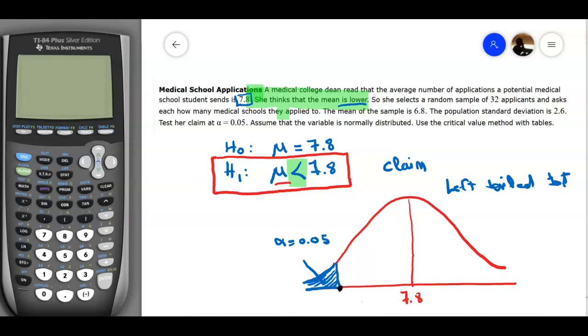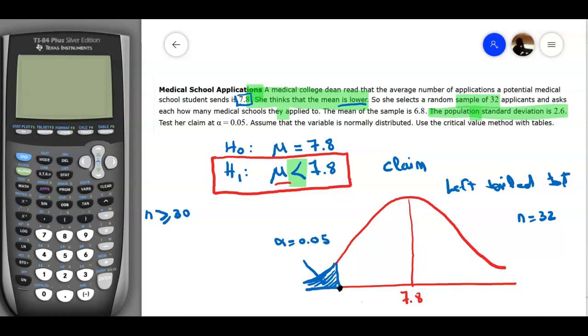So first of all, we noted that the sample is 32. That's the first indication: N is greater than 30. N equals 32, as a matter of fact. The second indication is that they are telling you that the population standard deviation is 2.6.